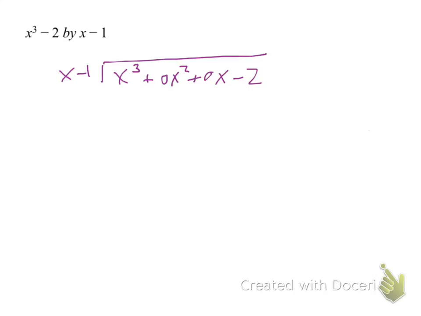Think of it. You're dividing a cubic by a linear, or x cubed divided by x, which would leave us with an x squared, by definition. That's how you add or subtract powers when you're working with exponents, by multiplying and dividing.